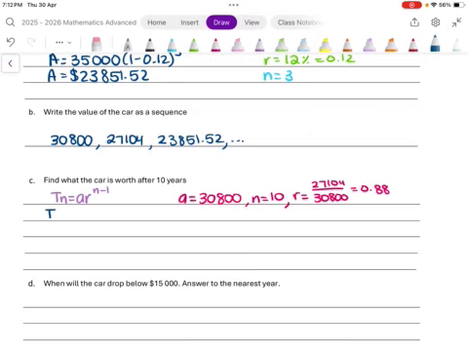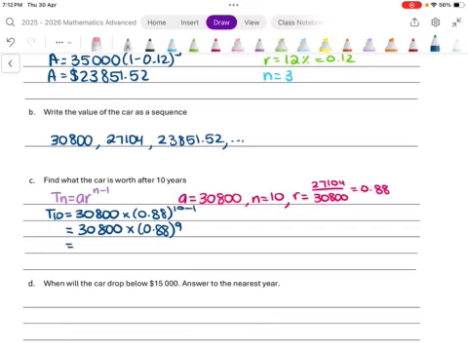So our T10 is equal to 30,800 times our 0.88 to the power of 10, or 10 minus 1, sorry, n minus 1, whoopsies. All right, so this is then equal to 30,800 times 0.88 to the power of 9.